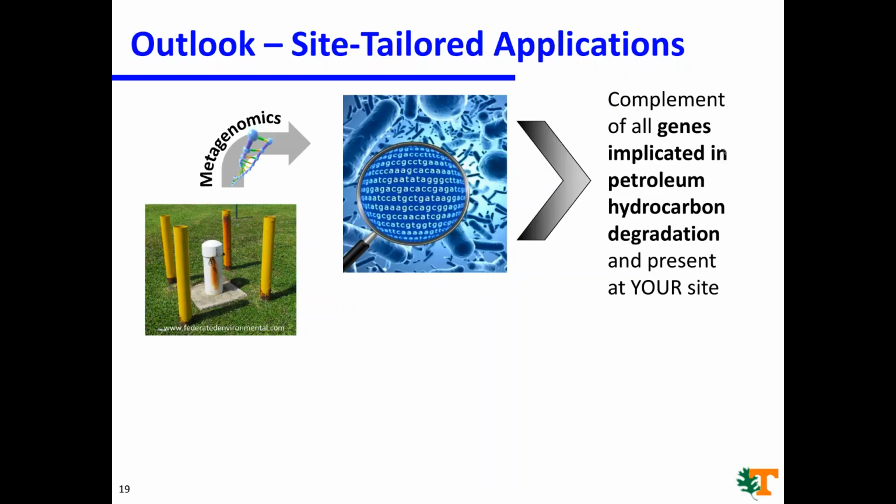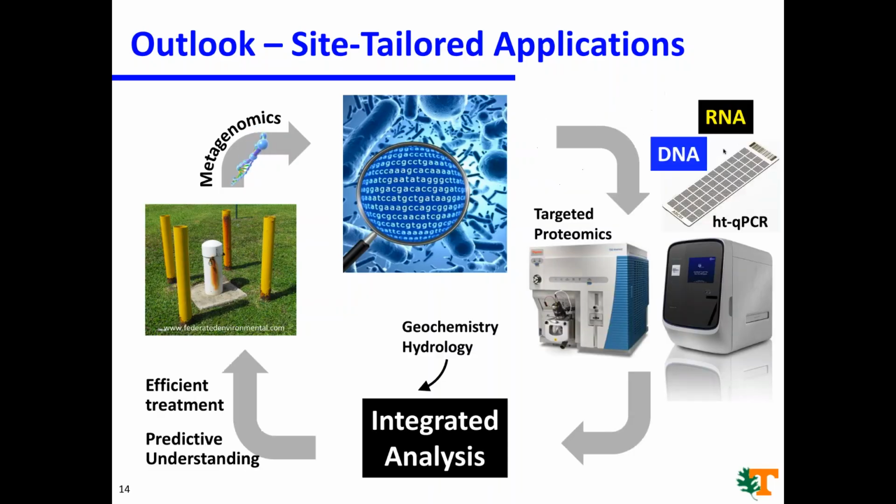And now, with this information, you can design qPCR approaches that specifically target those genes of interest that are actually present at your site. You can obviously then also target the transcripts of these genes.